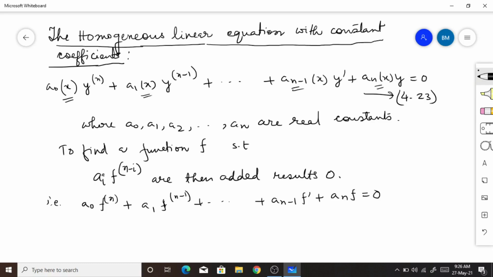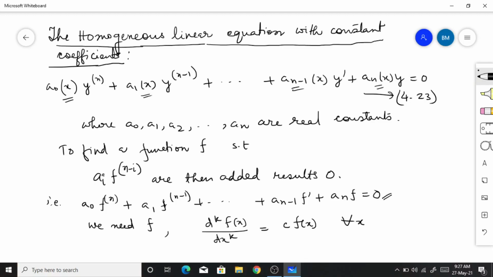So we need a function f such that its kth order derivative with respect to x is equal to some constant multiplied by the function itself, and this is true for all x. Only then will this condition be satisfied.